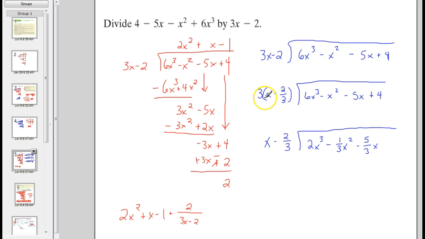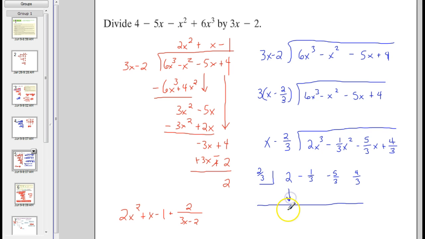And then 4 divided by 3 is 4/3. So this is what we would actually end up setting up with synthetic division. In the box would go 2/3. And then out beside it, instead of 6, negative 1, 5, and 4, we have a 2, a negative 1/3, negative 5/3, and a 4/3.